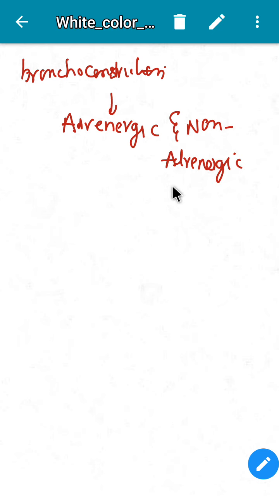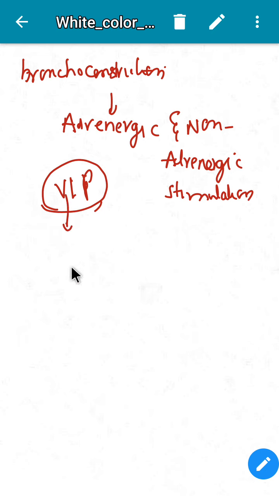The neurotransmitter released here is vasoactive inhibitory peptide, VIP.